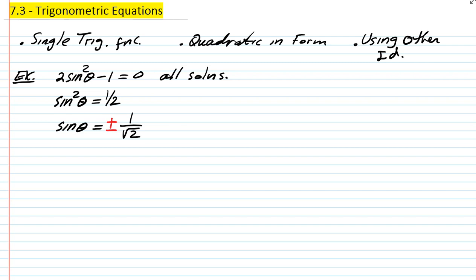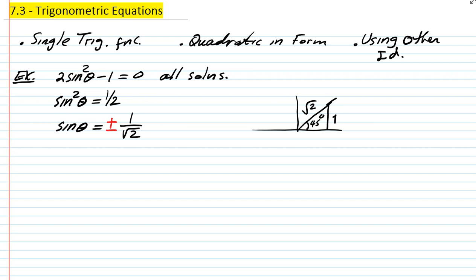So sine theta is 1 over root 2, and that's going to be 45 degrees. Correct? This side is 1, this is root 2, and this is 45 degrees.